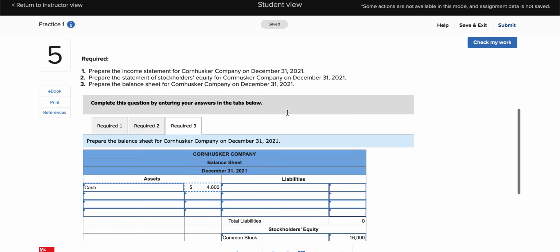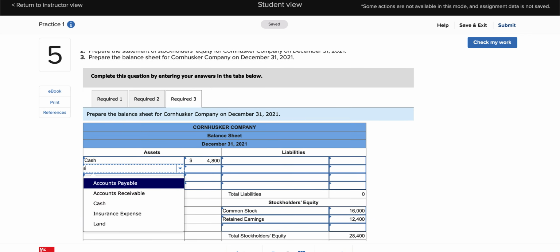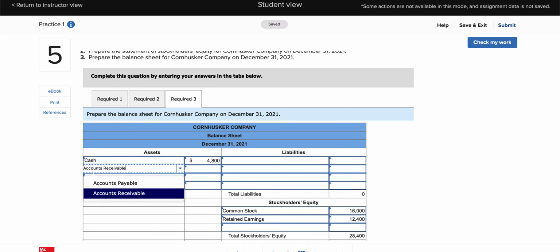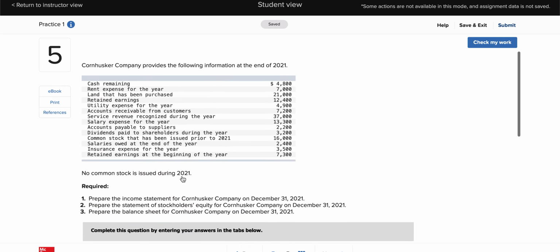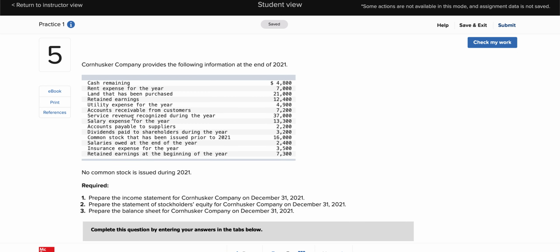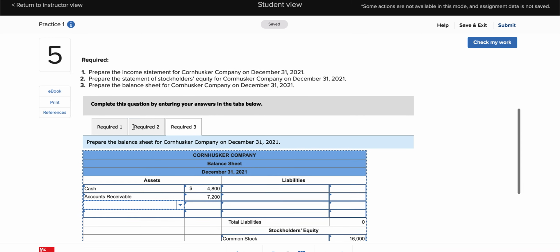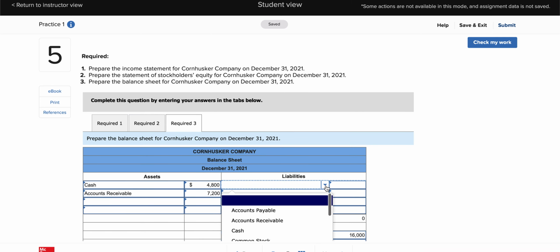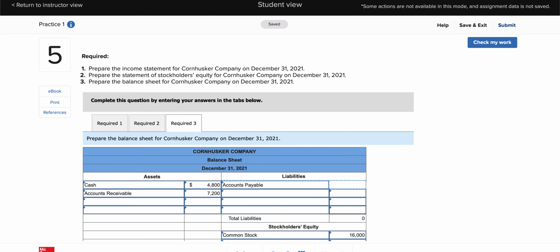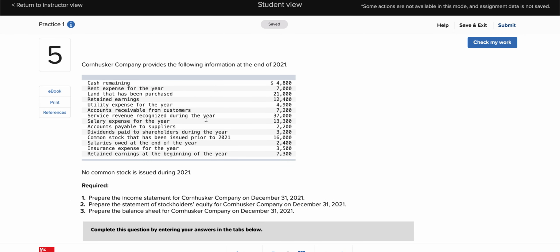So $7,200 for accounts receivable. Let's see what's next. Revenues, no. Expenses, no. Payables is going to go on this side. And that accounts payable number is 2,200.